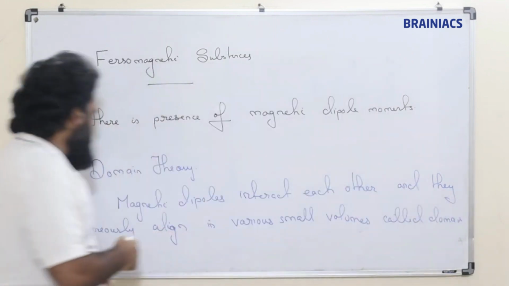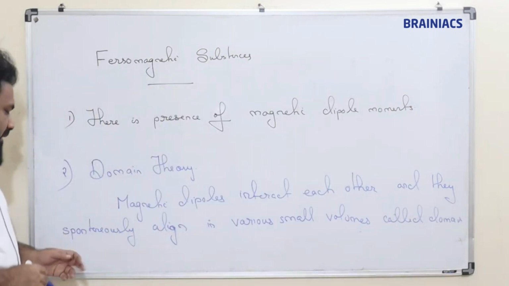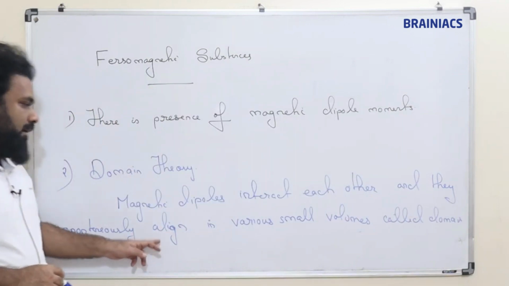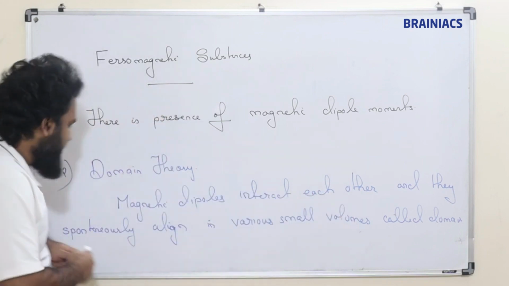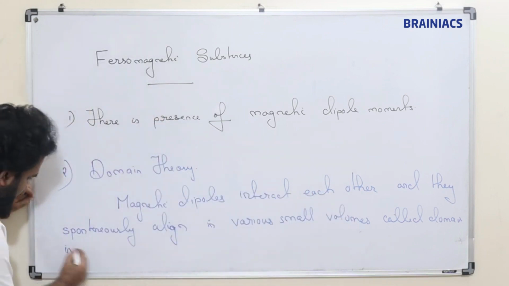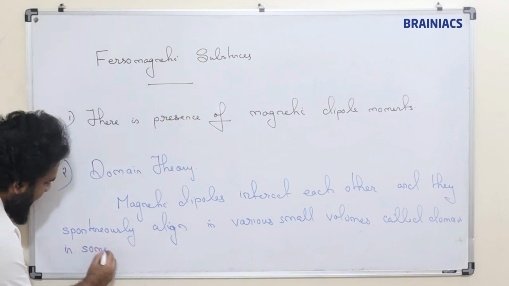Okay, so you can read this. Magnetic dipoles interact with each other and they spontaneously align in various small volumes called domains, in some directions.